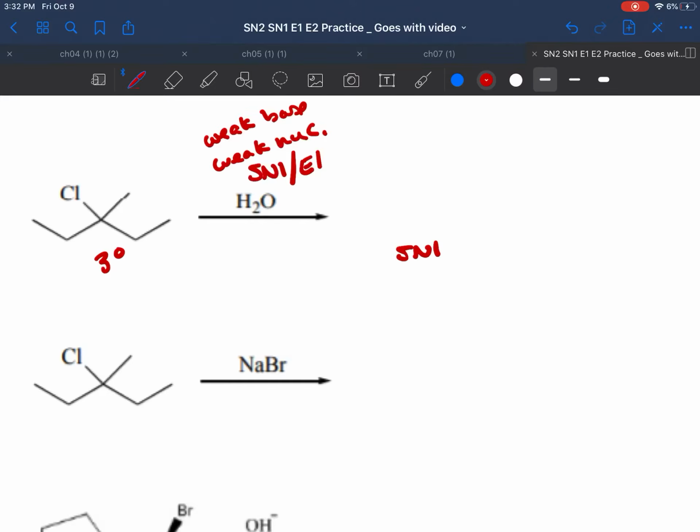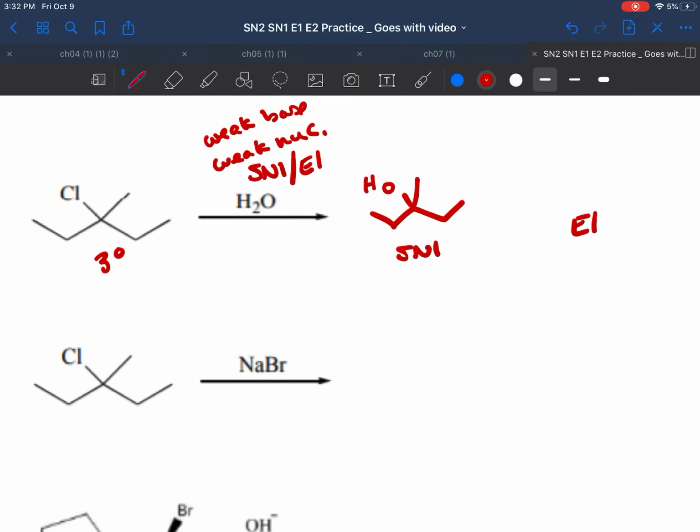For the SN1 product, we are going to be replacing the chlorine with an OH. For our weak base and weak nucleophile, you do lose a proton at the very end to make a neutral product. It's not a chiral center. We don't know any stereochemistry, but SN1 would give a mixture anyway.